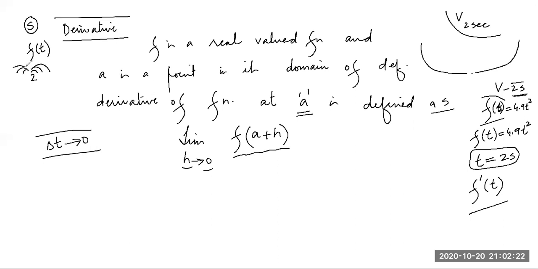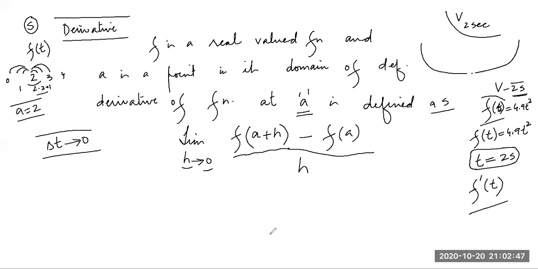Like 0 to 2, then 1 to 2, then 2 to 3, 2 to 4, then 2 to 2.01. So there's this additional thing. Our a value was 2 seconds. f of a plus h minus f of a, divided by h.